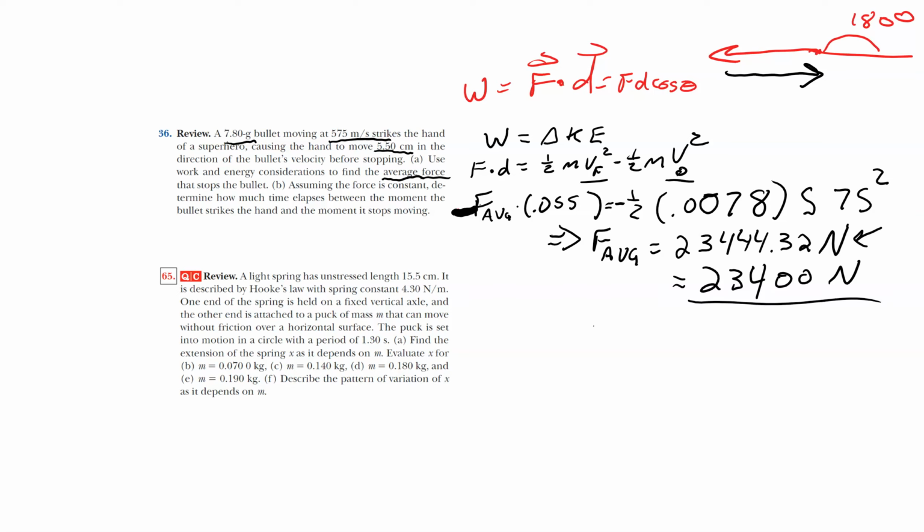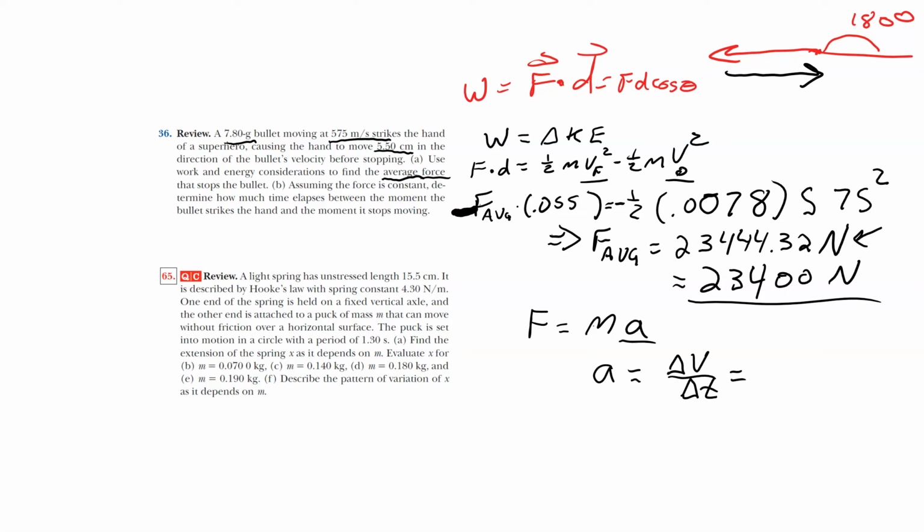Okay, the next part says, assuming the force is constant, determine how much time elapses between the moment the bullet strikes. Well, so here, if the force is constant, then F equals ma, the acceleration's constant, and we can just say, well, a is delta v over delta t, right?